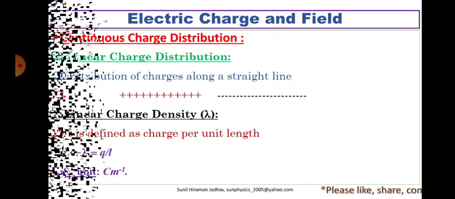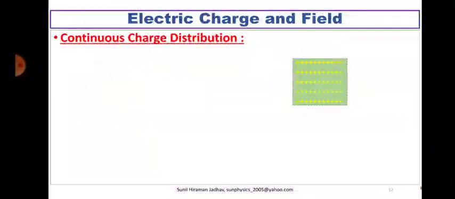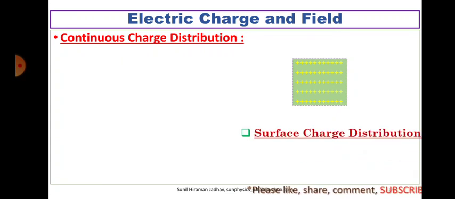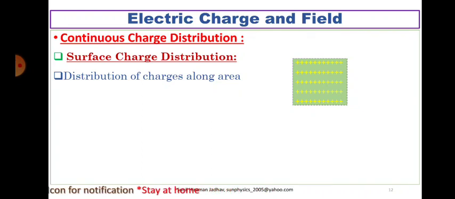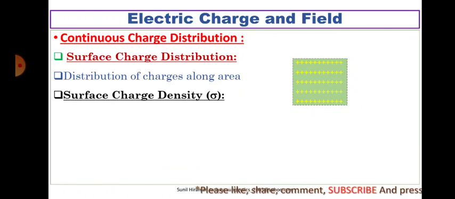Now, if the charge is not distributed along the length, but along an area, as shown in this figure, then this is called surface charge distribution. It is basically the distribution of charge per unit area. We can define a quantity for this, that is surface charge density.